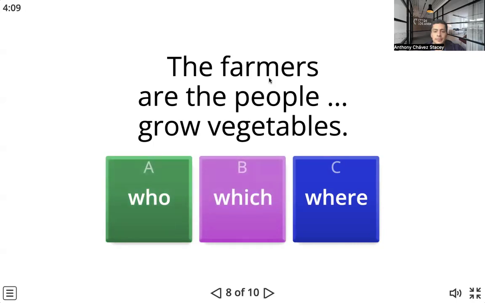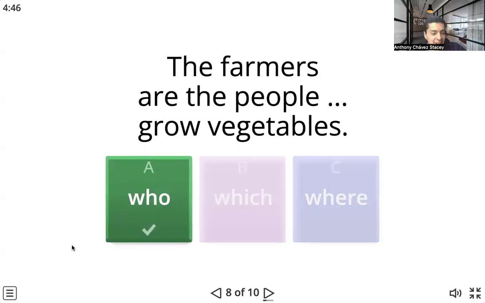The farmers are the people who grow vegetables. Who, which, or where? Grow vegetables, that would be like a farmer. Grow would be like raise. Which? I'm talking about farmers. They will be people. Yeah, okay. Sorry. Who. It will be who. Great job. Exactly.